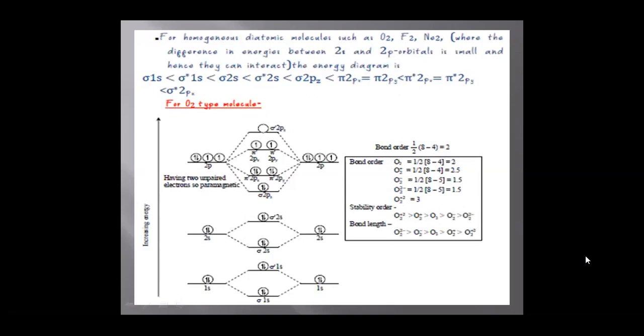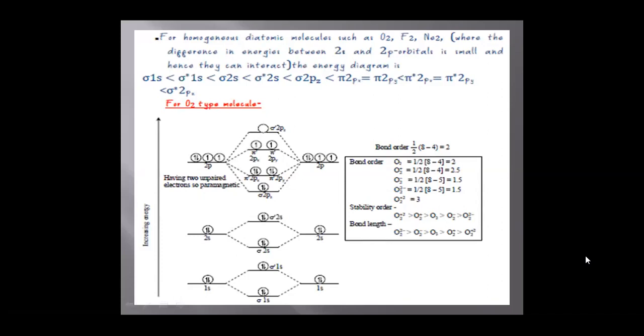For homonuclear diatomic molecules such as oxygen, fluorine, and neon, the difference in energies between 2s and 2p orbitals is small, and hence they can interact. For an oxygen type molecule, bond order is 1/2 times the number of electrons present in the bonding molecular orbitals minus the number of electrons present in the anti-bonding molecular orbitals.